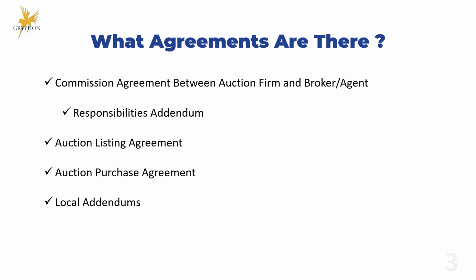There's going to be a commission agreement, which is between us and the broker or agent, and that's going to line out basically who's getting paid and how we're getting paid. Then we're going to break that down into page 2, which is a responsibilities addendum, which is going to list out what everybody is responsible for.